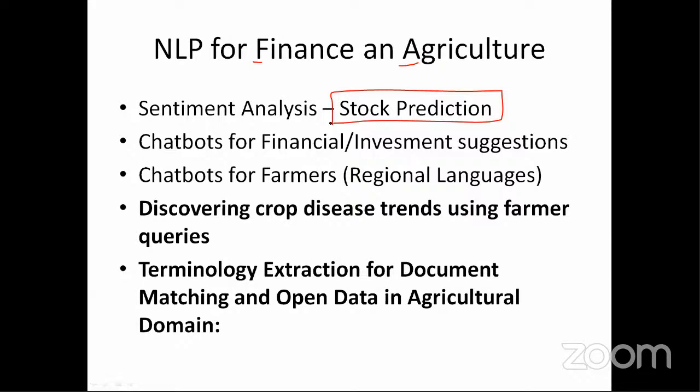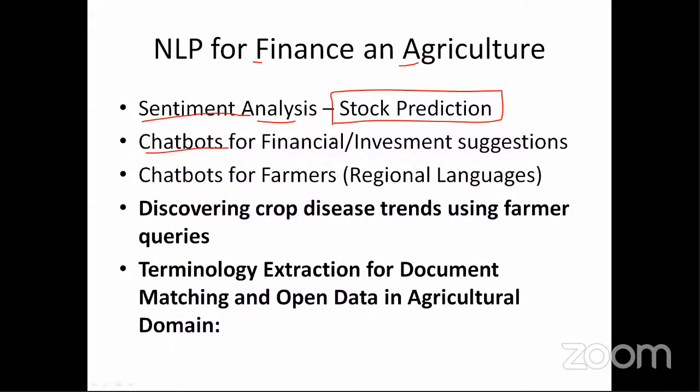Suppose the government changes the financial minister, that will push stock prices in a positive direction. So news also has the ability to change the stock market. So you can think about sentiment analysis of news related to stock market prediction. That is another interesting area of research.